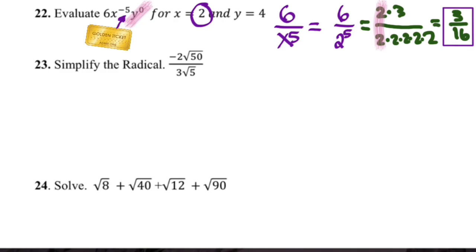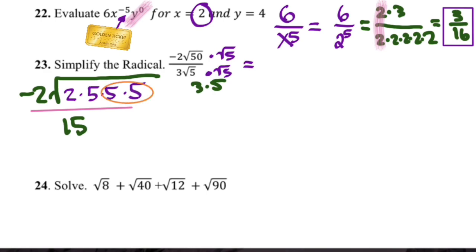23, I'm going to simplify this radical by rationalizing it, multiplying the bottom by square root 5 and the top by square root 5, which just means it becomes 5. So that means on the top, I have 10 times 25 is 50, so I go ahead and factor that out.